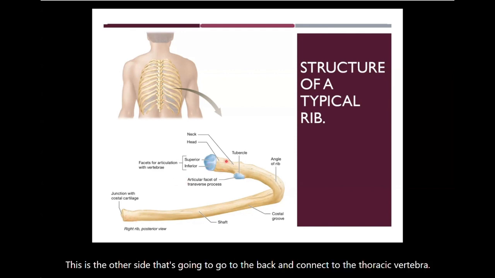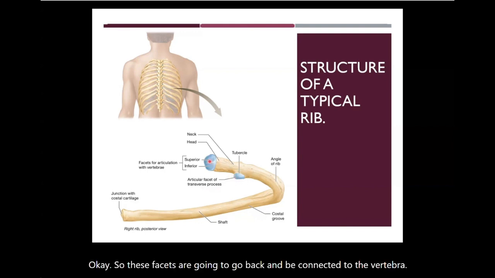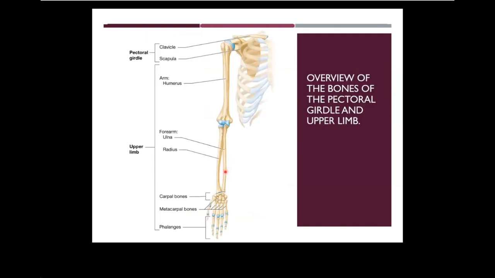This is the other side that's going to go to the back and connect to the thoracic vertebra, okay? Does it make sense? Are we understanding? Right? So we have superior, inferior facets to articulate with the thoracic vertebra. We have other articular facets of transverse process. Okay, so these facets are going to go back and be connected to the vertebra.